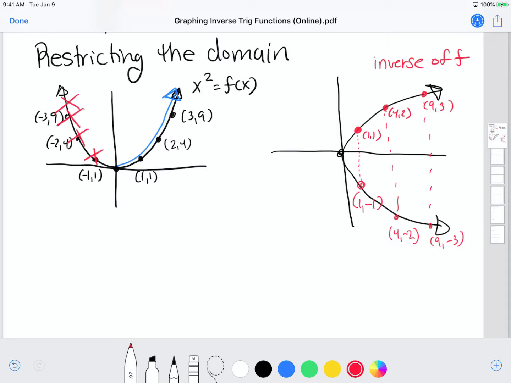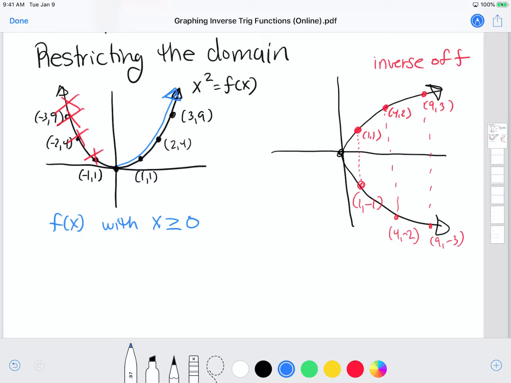So I would say this is the graph of f of x, but with the restricted domain, and I'm only keeping the x's when x is greater than or equal to 0, and I would completely omit the left side of that graph from 0 to the left.